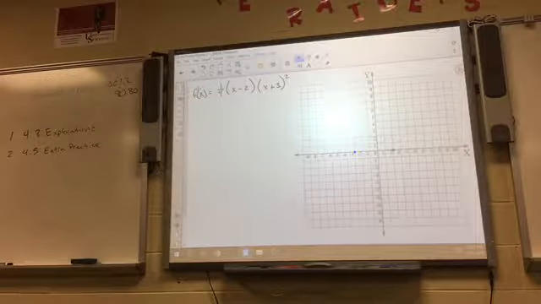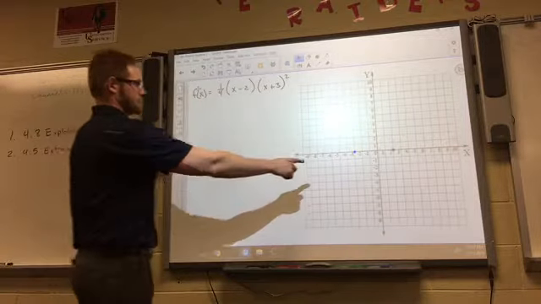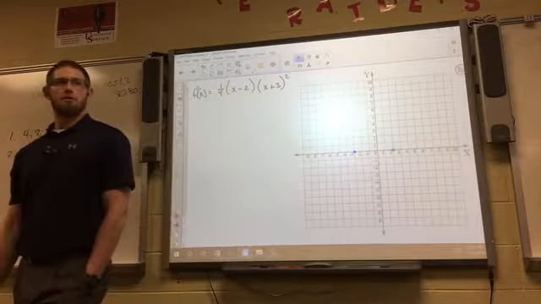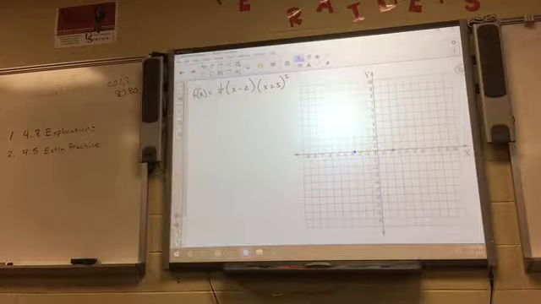True, close. Something special happens at this point that's different than this point. If one goes up, one goes down. It doesn't actually cross. It touches and goes back the other direction.